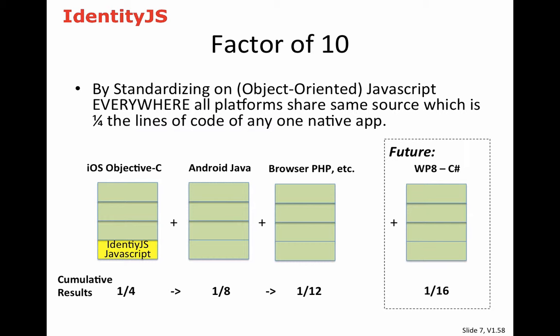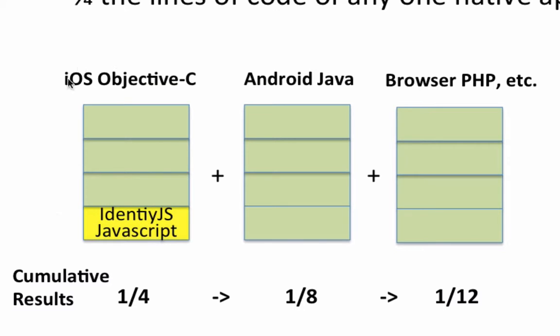So on the very left-hand side, we have the iOS Objective-C version, and the total lines of code of Objective-C, including header files and everything you need to write, was about 38,000 lines of code. And as shown here in the yellow box, when I redid that in IdentityJS, it was about 1/4 of that, about 9,000 lines of code.